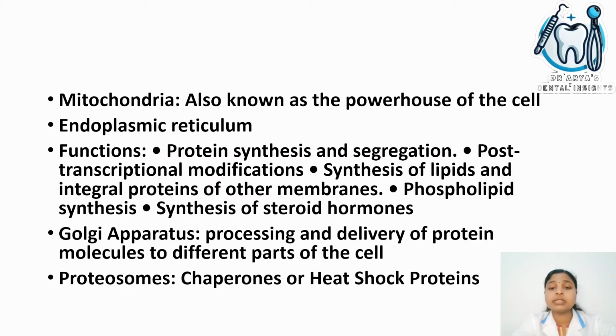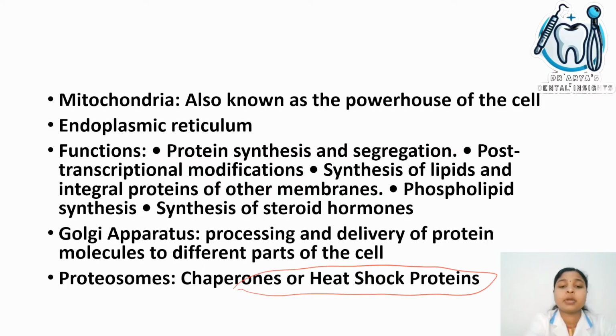And proteasomes are the organelles which help in repair of faulty protein molecules, and their components are called chaperones or heat shock proteins. It is very, very important. Chaperones or heat shock proteins are seen in proteasomes.